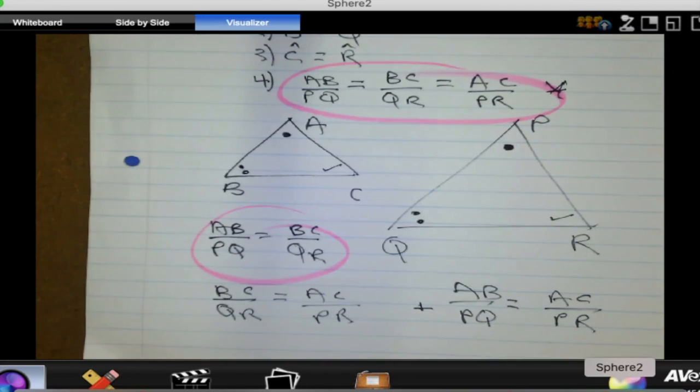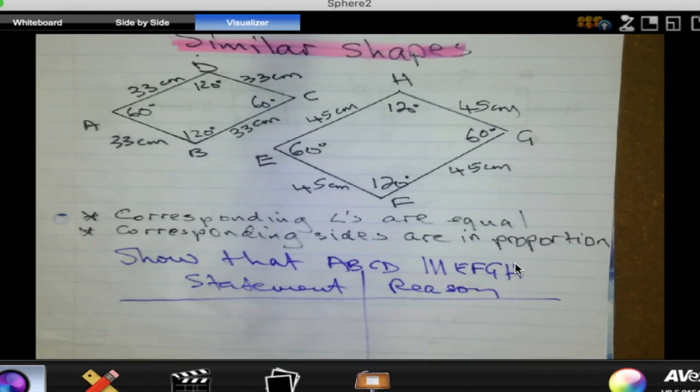I'd like us to look at an example. We are given quadrilateral ABCD and quadrilateral EFGH, and we want to prove that ABCD is similar to EFGH.